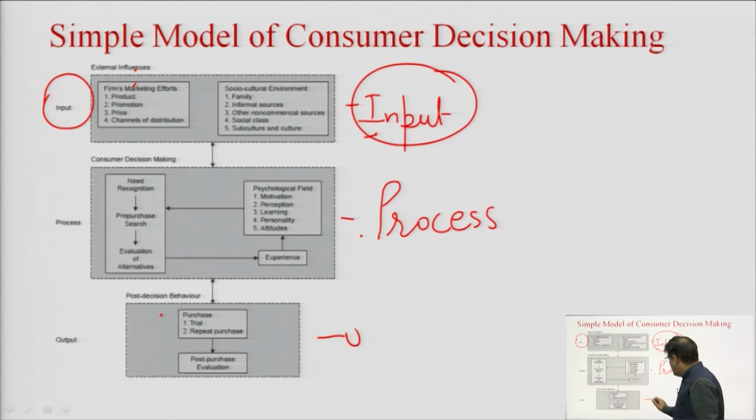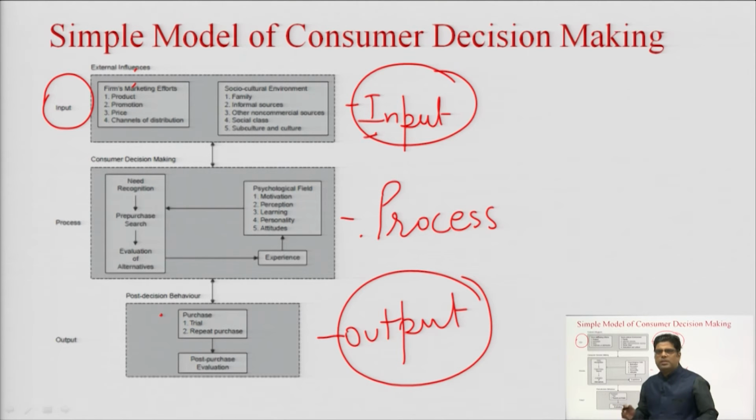And the last block is called the output block. The output block is related with the outcome of the purchase. It is the result of the purchase, and the result can either be satisfaction or dissatisfaction. Now, let me elaborate on the external influences first.